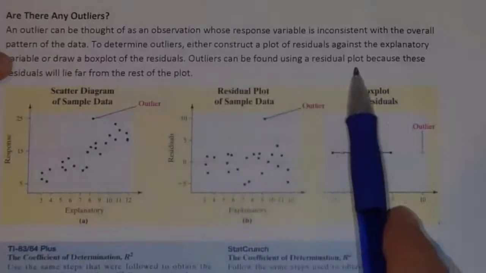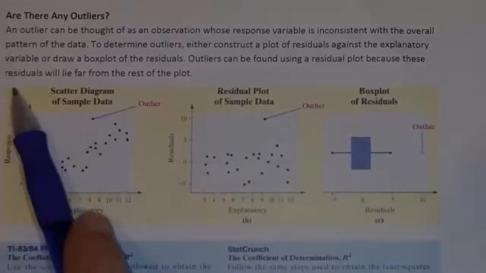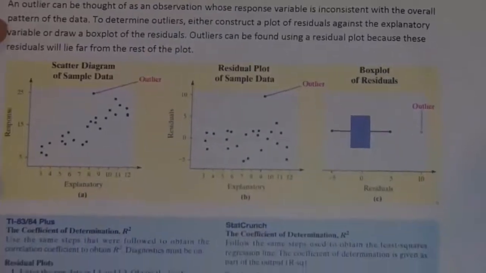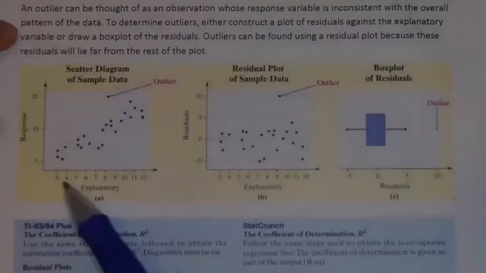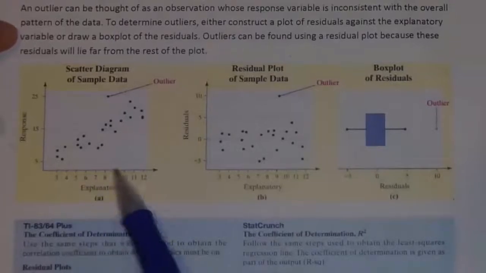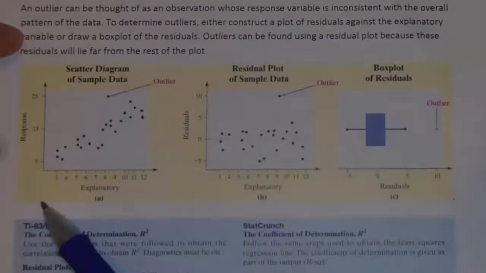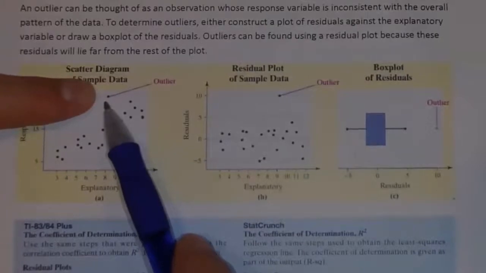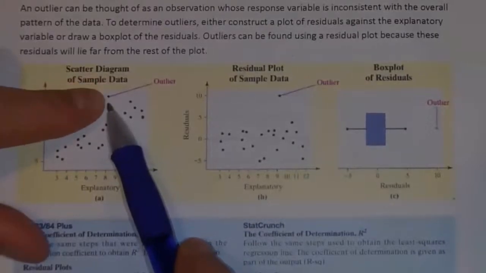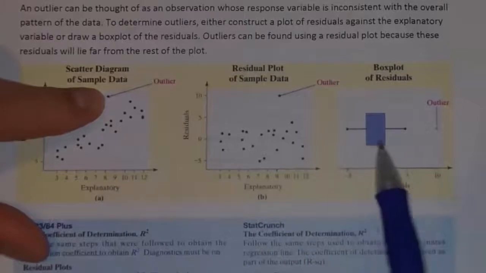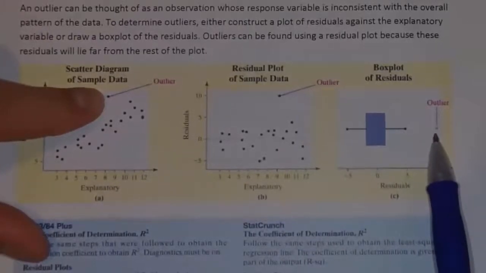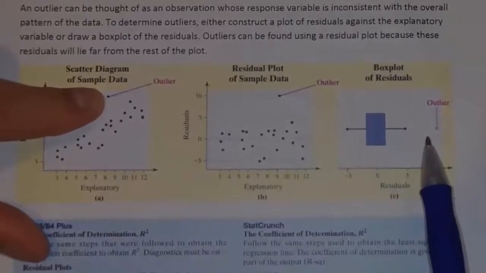Outliers can be found using a residual plot because these residuals will lie far from the rest of the plot. So if this is our original data, we have X's and we have Y's. Most of the data are here, but then here's an outlier. If I find all of the residuals and make a box plot of the residuals, there's the outlier in the residuals. That's a problem.